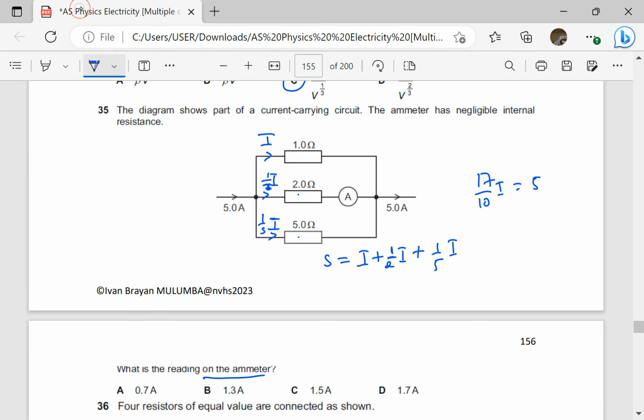Okay, let me start with the bigger value of I. Maybe it will be easier for us to see this clearly.